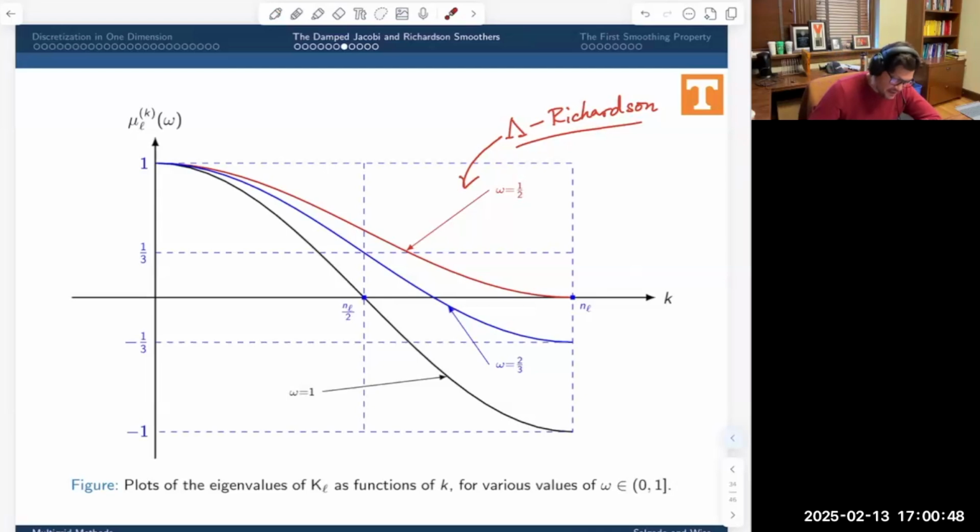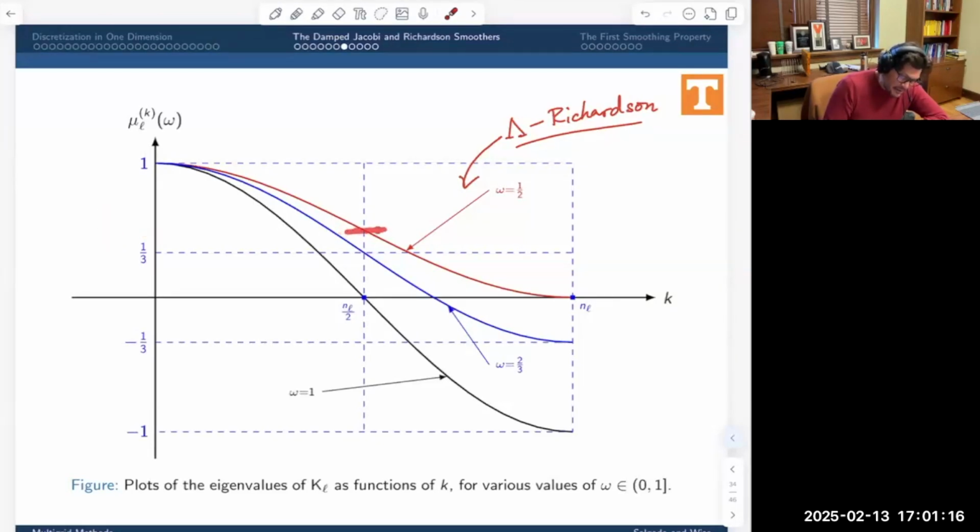And what it says is that, remember, we had this concept going all the way back to chapter 3 of high frequency modes and low frequency modes. Now, what smoothers do is they damp out high frequency modes of the error really well, but they don't damp out the low frequency modes of the error so well. So what the lambda Richardson does is this value here is a half. I didn't write it on here, but this value here is a half.